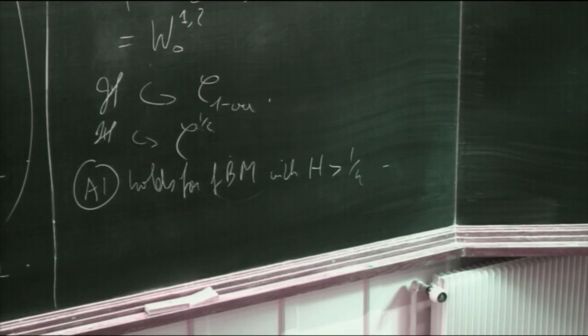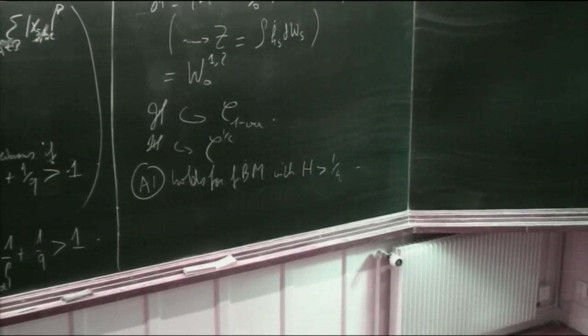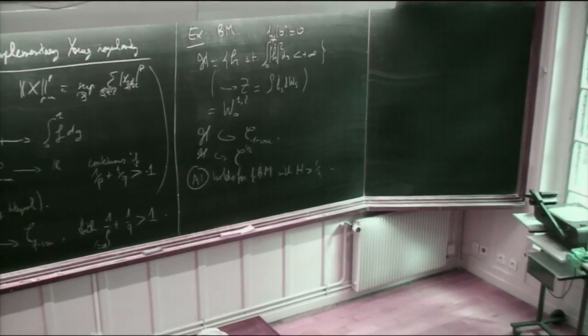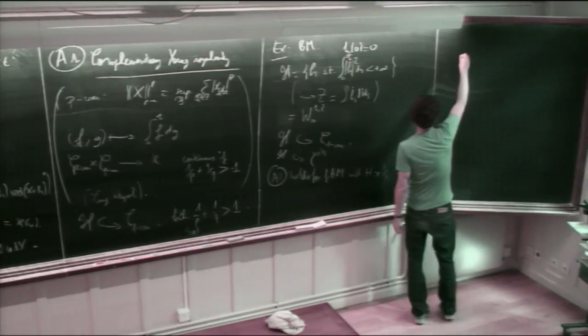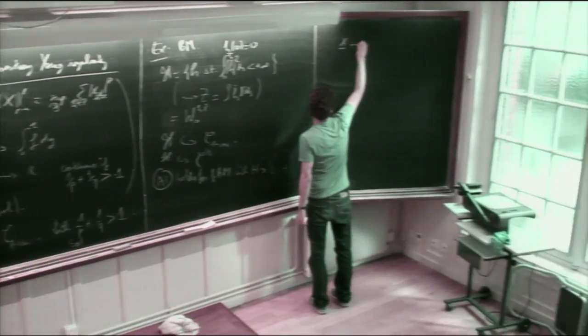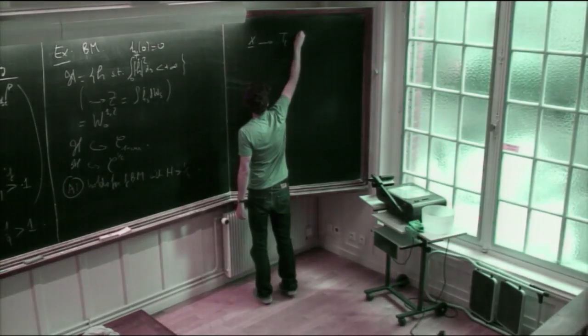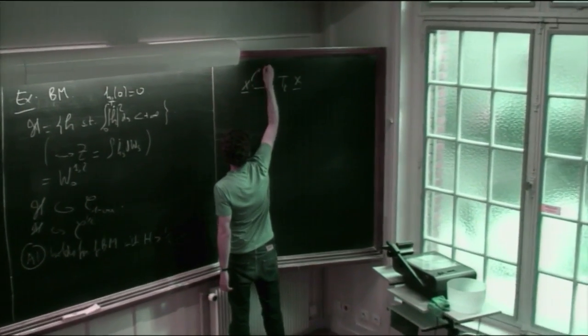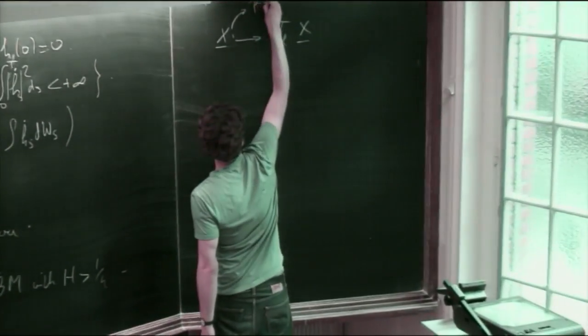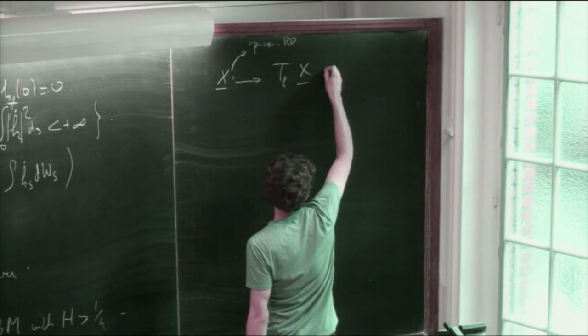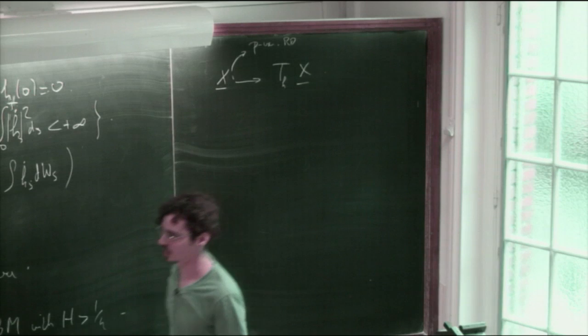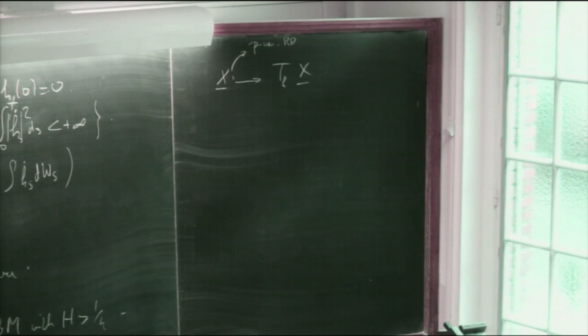Let me see if I forget something. Okay, yeah, just quickly. So once you have this, you can just define this translation here. So then for any rough path x bar, you have this translation T_h of x bar, which is a p-variation rough path. You can define T_h of x bar basically exactly by these formulas here, right?